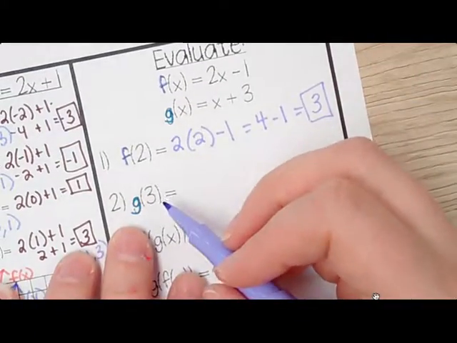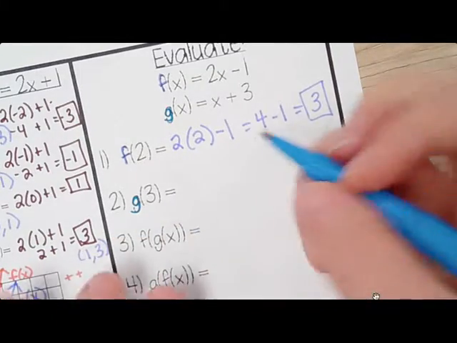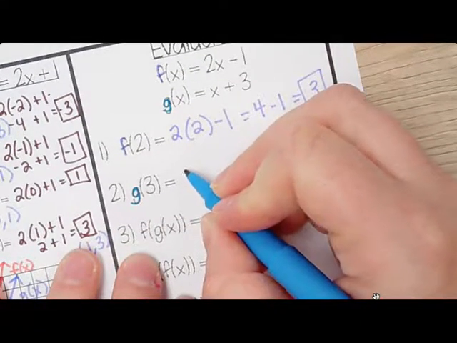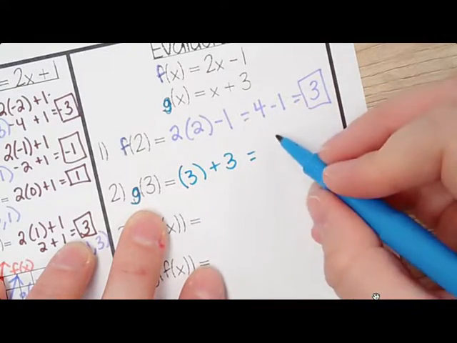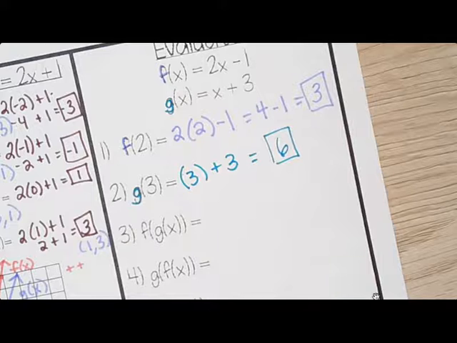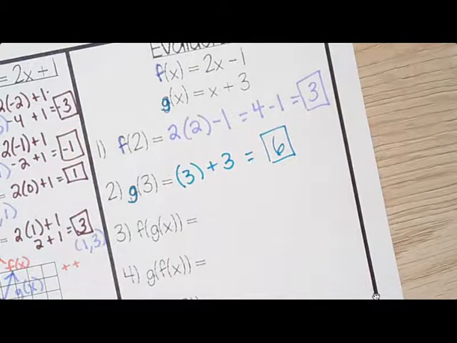Okay, and then g of 3 is 3 plus 3, which just gives you 6.